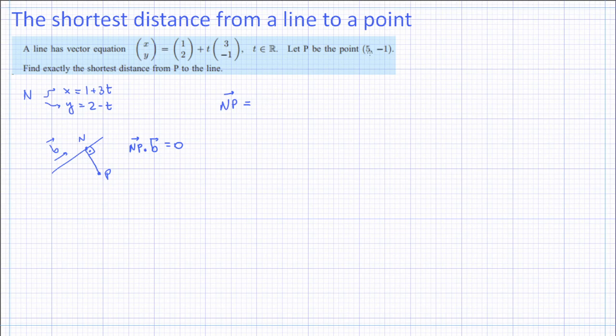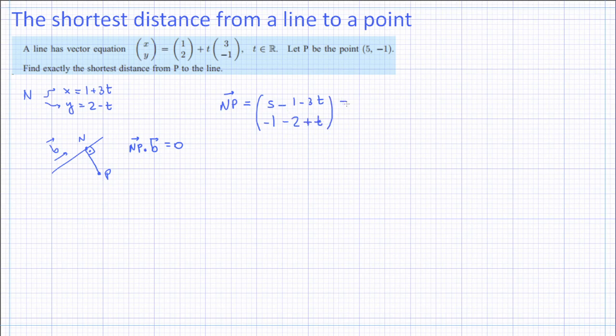So 5 minus (1 plus 3t), and let's put it in vector form, and negative 1 minus the y coordinate of our point N. That's NP.